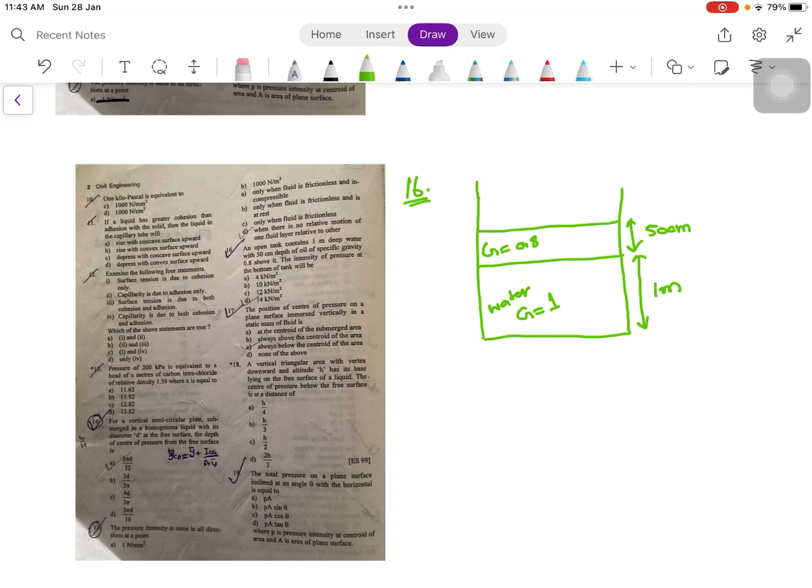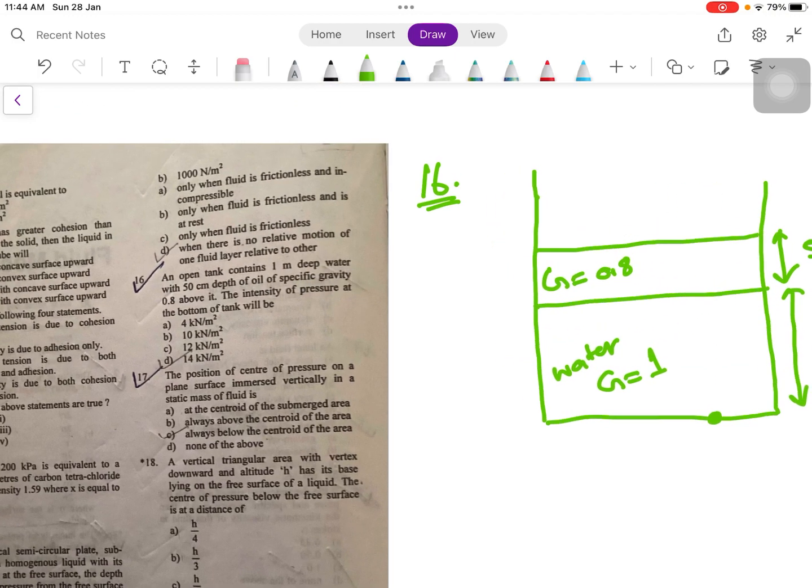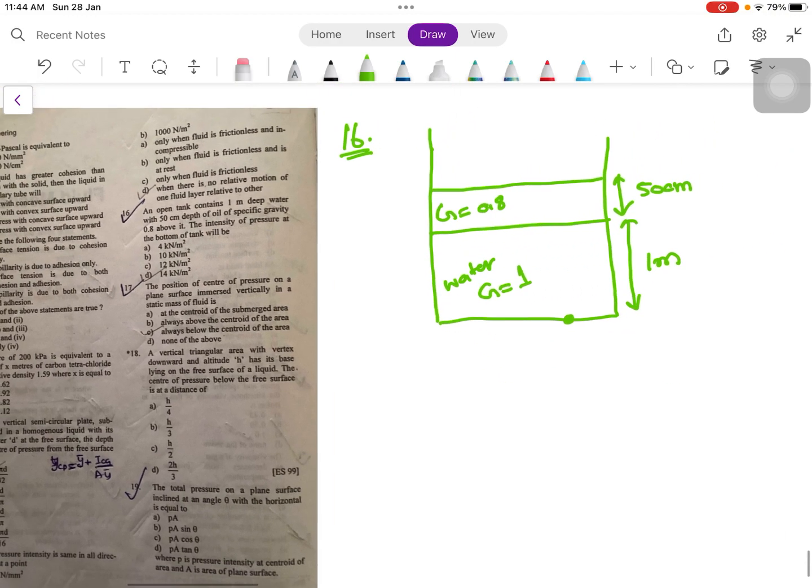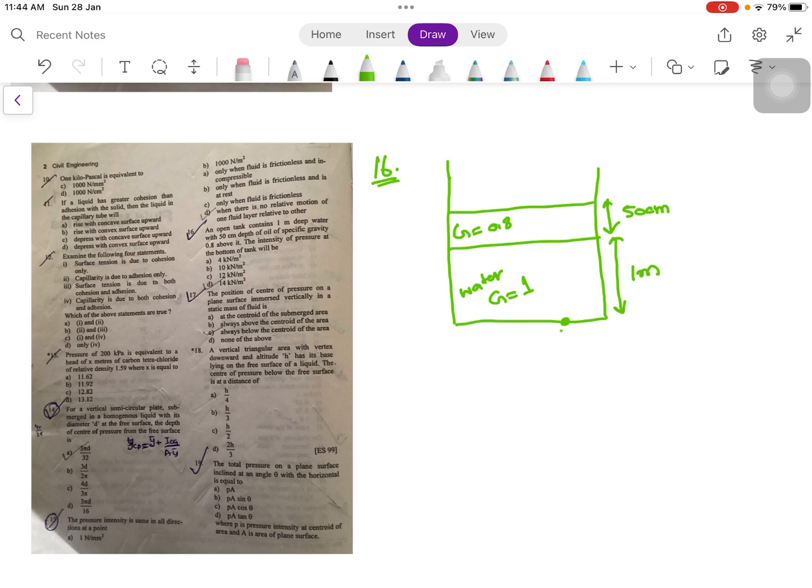All right, so we have to find the intensity of pressure at the bottom of the tank. All right, so in order to find the intensity of pressure at this point P, we need to measure the pressure which exists because of the different layers above it. So we have a layer of water above it, we have a layer of this liquid having a specific gravity of 0.8.